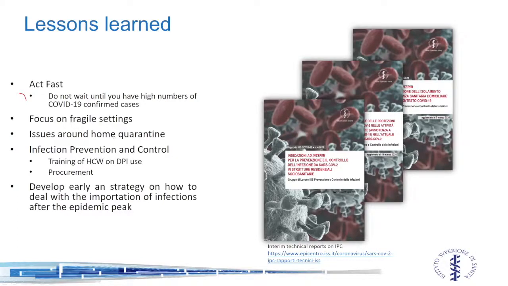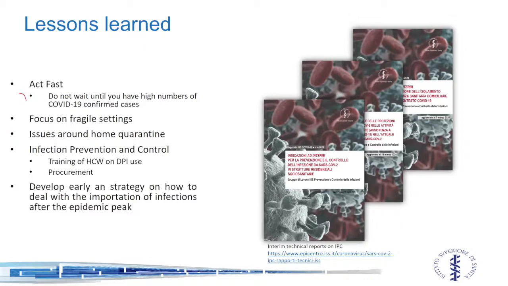Our policy is to guarantee home quarantine, but where this is not possible, the civil protection, which is under the head of cabinet in our government, is using hotels or other buildings to house this kind of people.